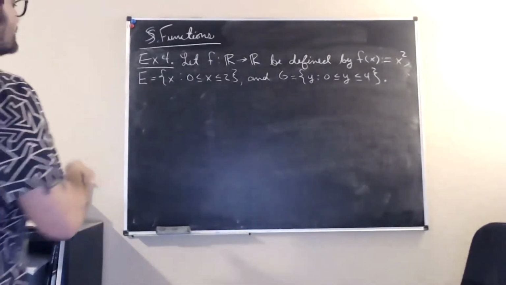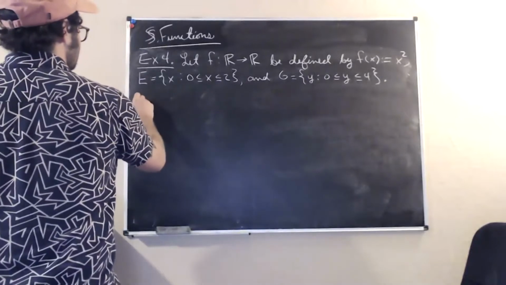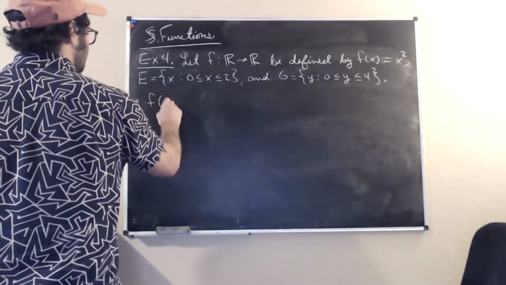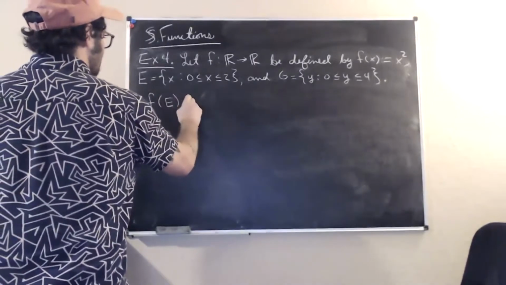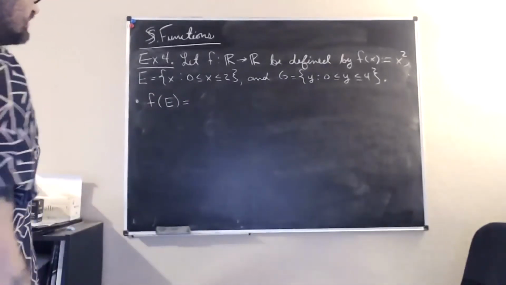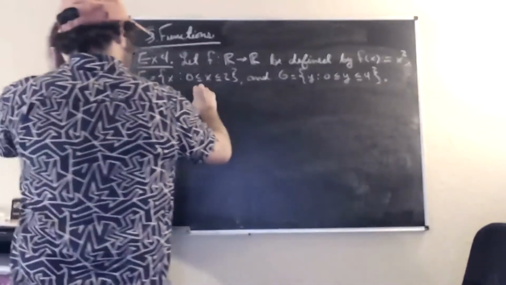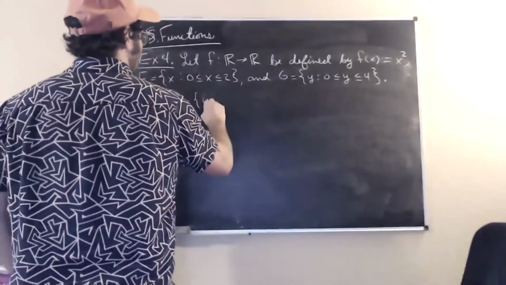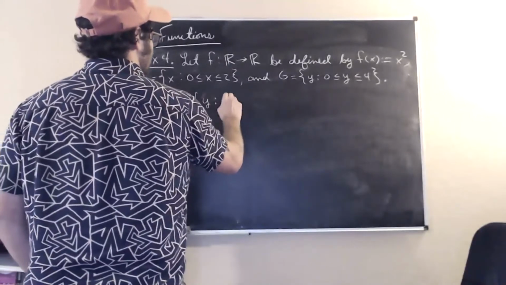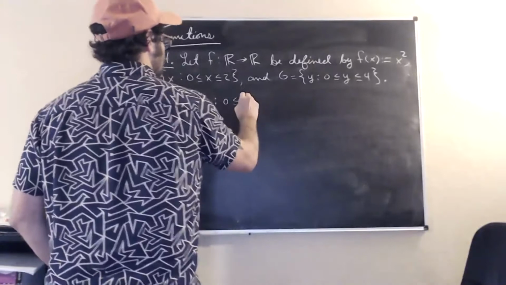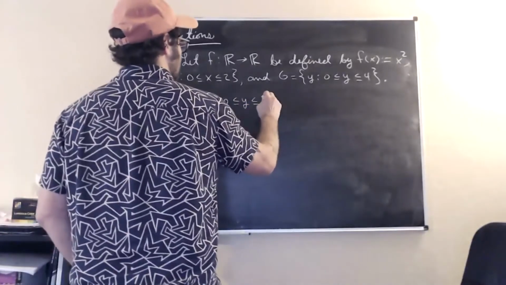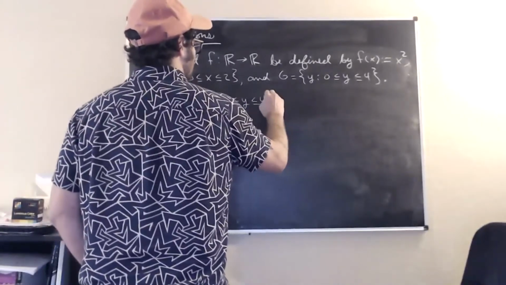So what is the direct image of E? Well, the direct image of E is the set of all y such that 0 is less than or equal to y, which is less than or equal to 4.